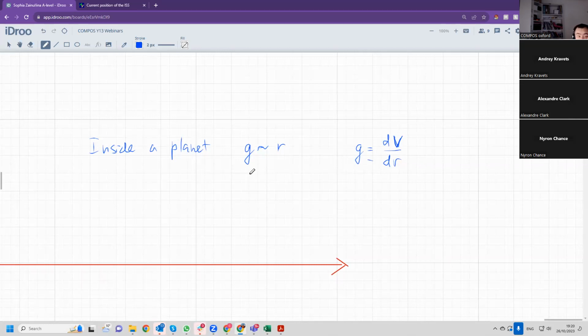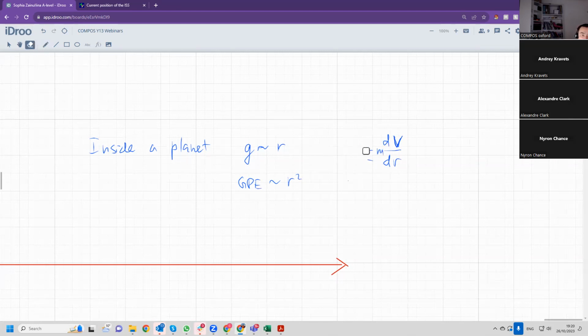And that means that the gravitational potential energy inside the planet has to be proportional to R squared, because gravitational potential energy is the integral of g. Yeah, so if you multiply this by mass, this is the force.